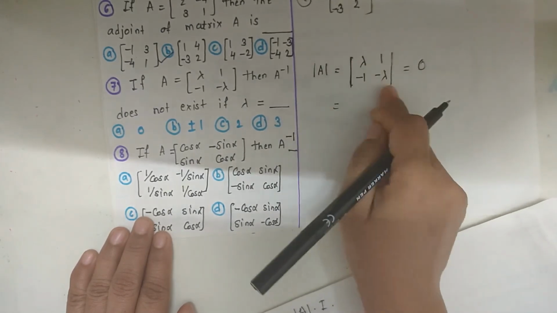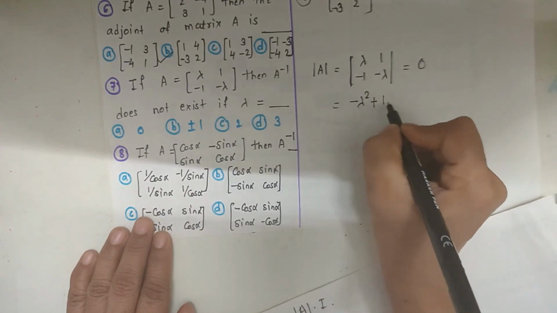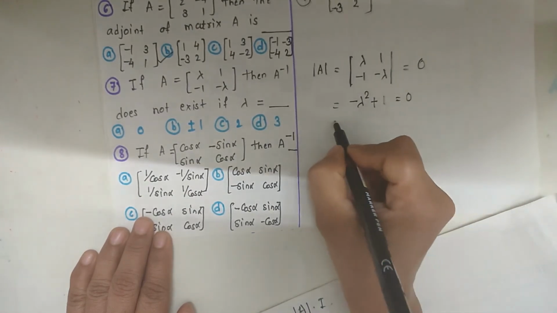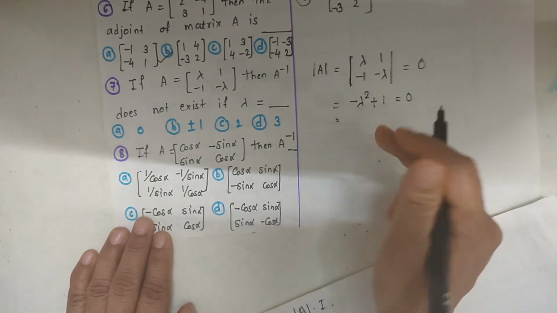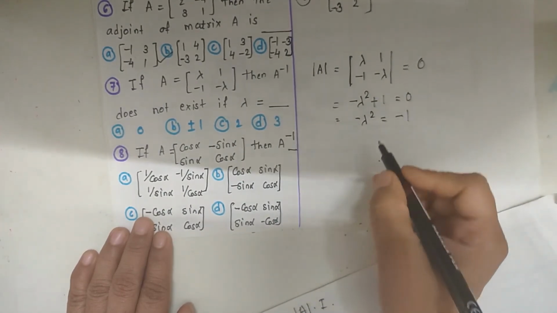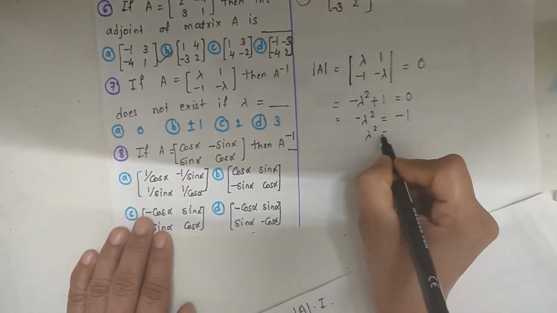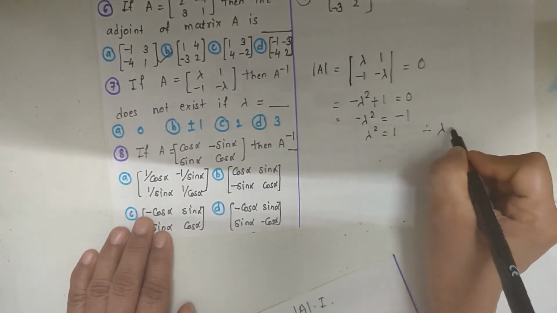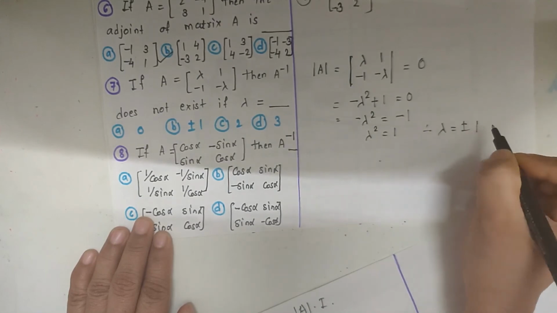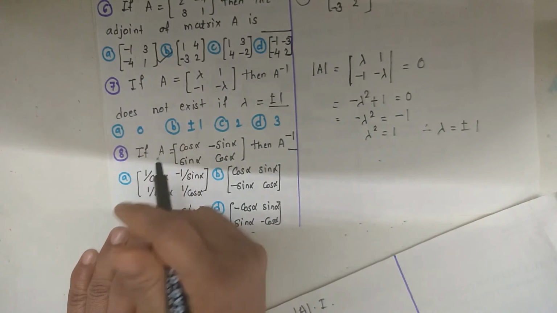So minus lambda square plus 1 is equal to 0, and then minus lambda square is equal to -1. Minus minus will be cancelled and lambda square is equal to 1. So lambda is equal to plus or minus 1, and the correct option is B.